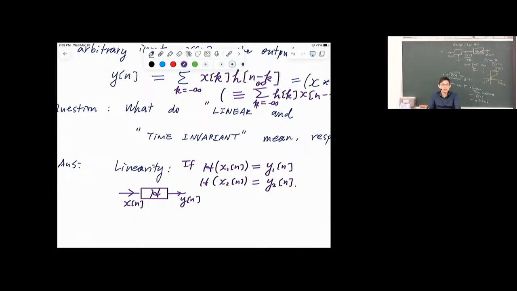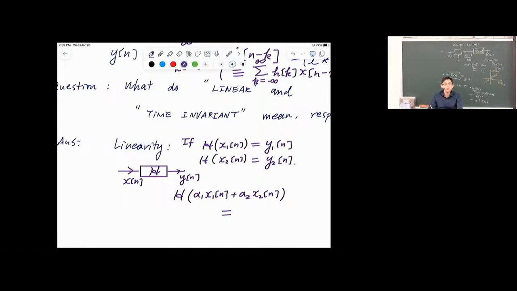Can I say that again? I think you guys have all learned linearity. Linearity means when we linearly combine the input, now this is a linear combination where alpha 1 and alpha 2 are constants, and then send it to our system.